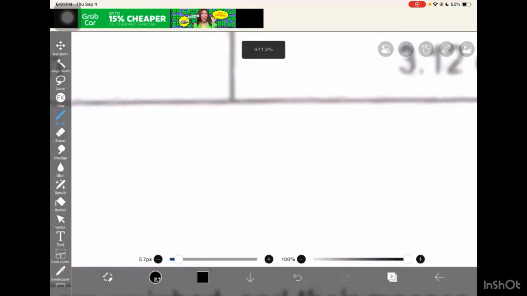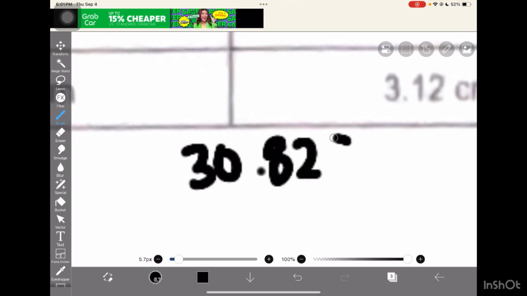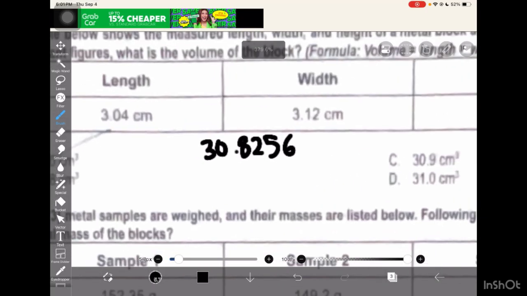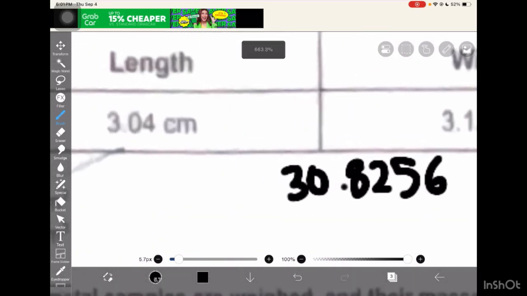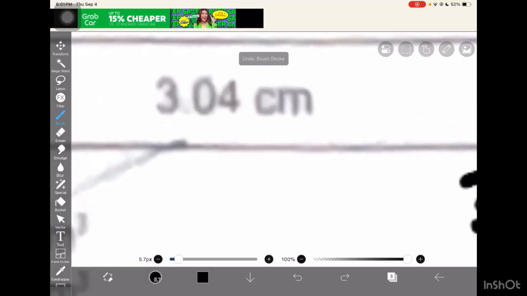So when you go to the calculator, it is 30.8256. But remember another rule in significant figures. When we're multiplying our values, we have to go by the least amount of SFs. So let's recall our rules of SFs. So this 0 is considered a significant digit because it's in between two non-zeros.